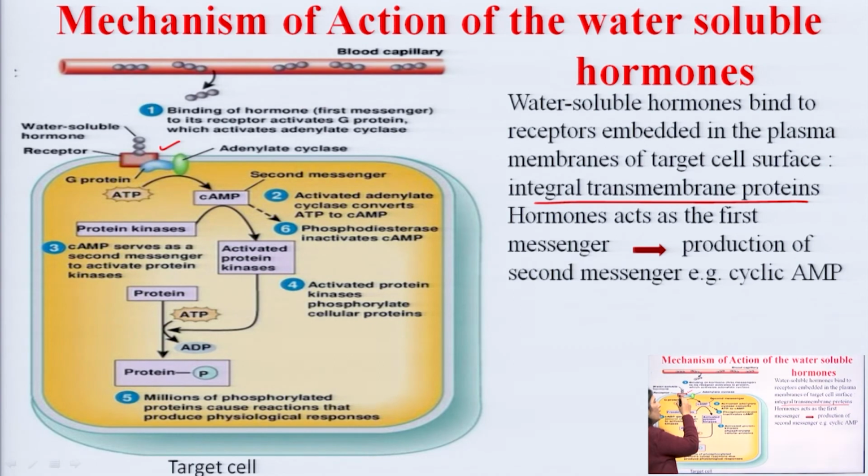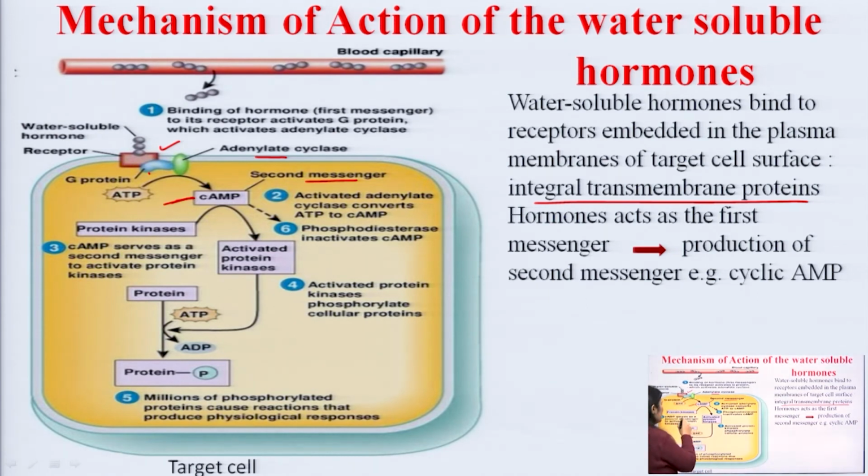As soon as the hormone binds with the receptor, G protein gets activated. It further activates the adenyl cyclase enzyme. Adenyl cyclase converts ATP into cyclic AMP. This cyclic AMP acts as a second messenger that further passes on the information.